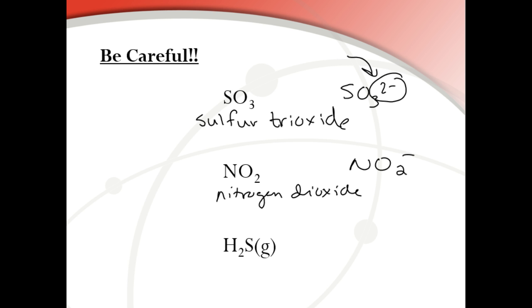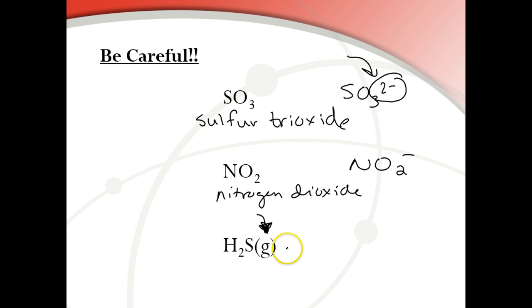The final thing that trips people up is, remember our definition of an acid has to produce hydrogens in water, right? We just looked at H2S a second ago and we said hydrosulfuric acid, but look, it's a G. Our states are AQ for aqueous in water, liquid, gas, and solid. So this is a gas.